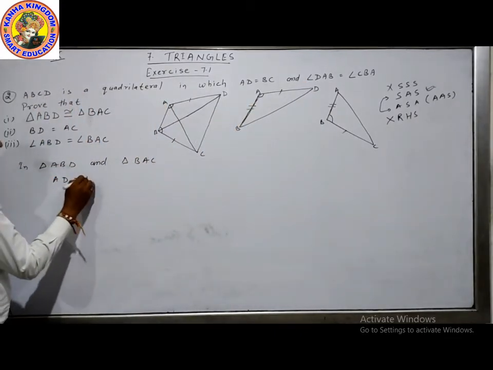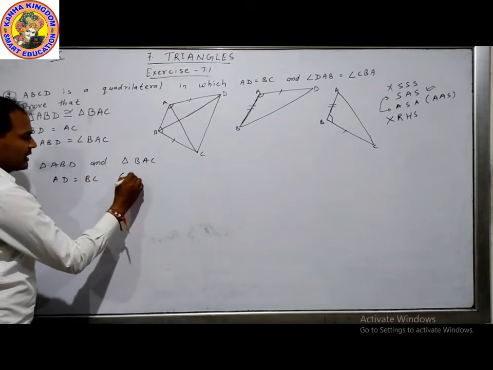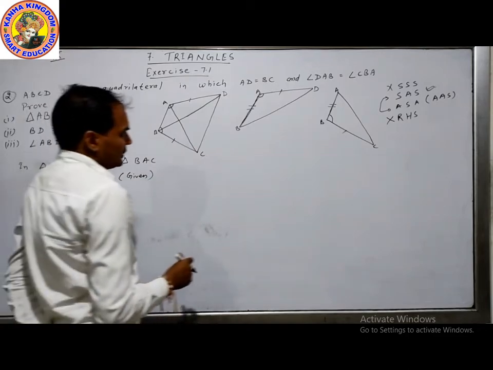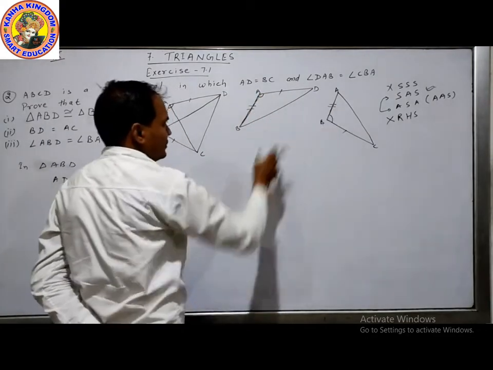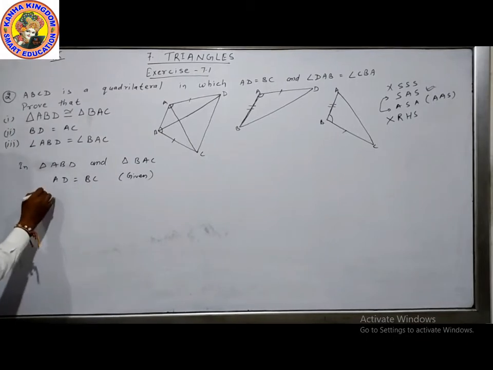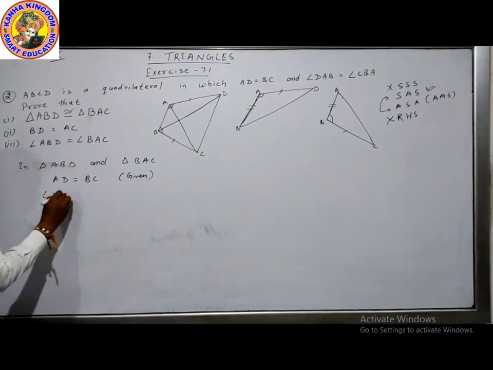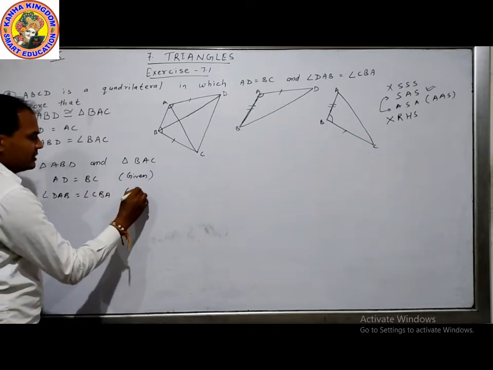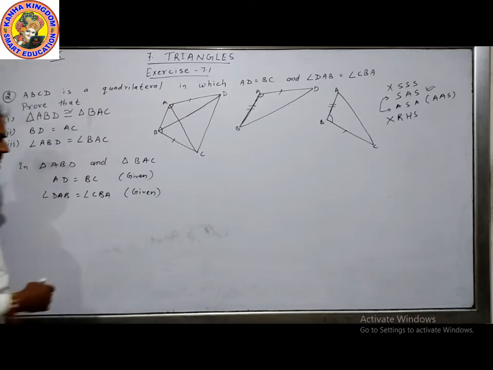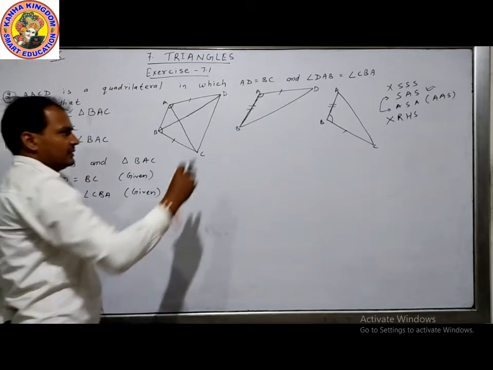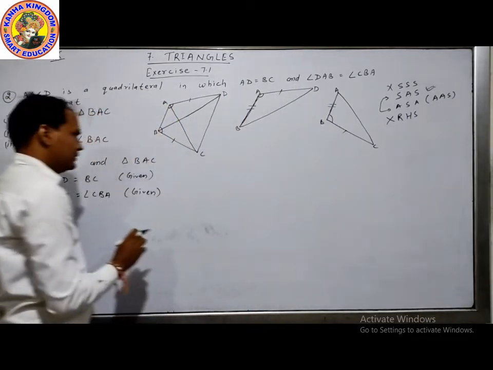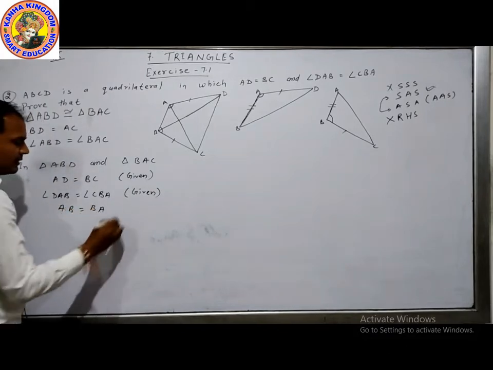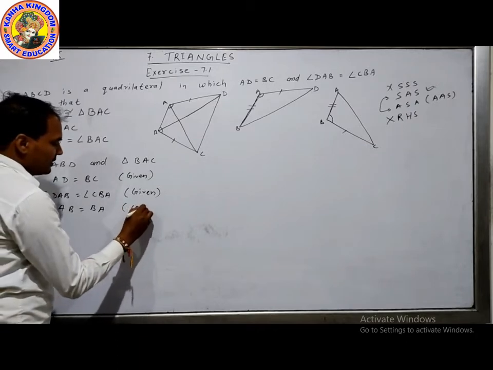AD equals BC, given in the question. Next, the angle is equal, given in the question. So angle DAB is equal to angle CBA, which is given in the question. Another side, AB and BA: AB is equal to BA. Why? Common side.